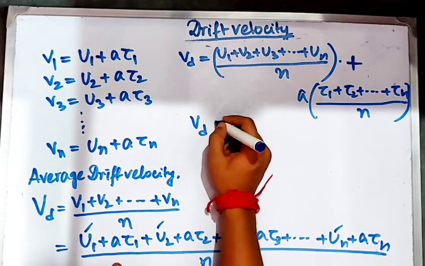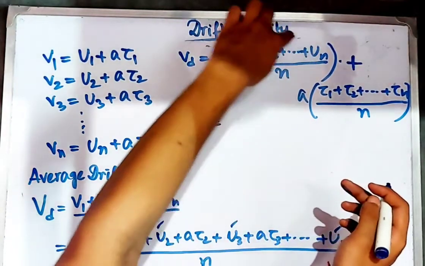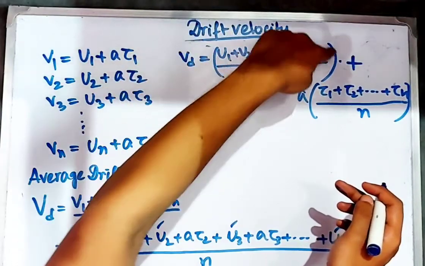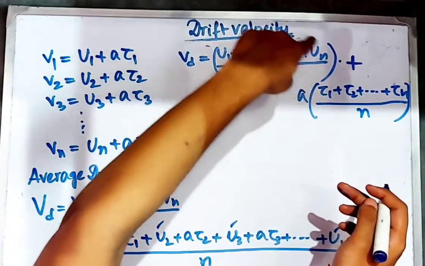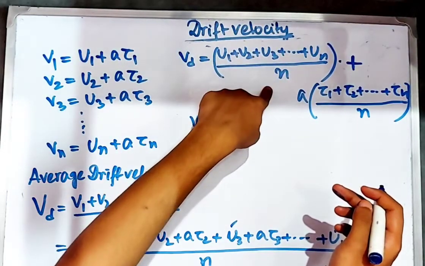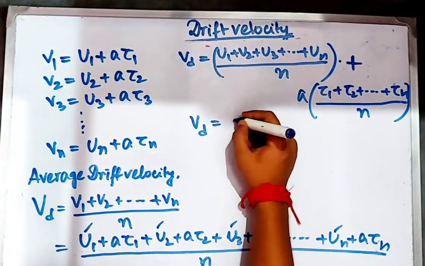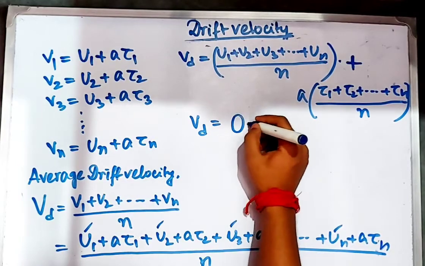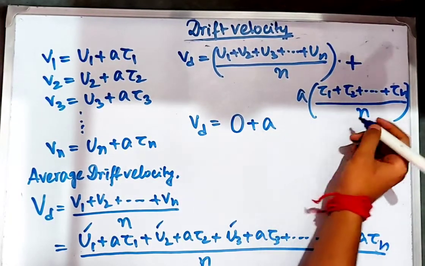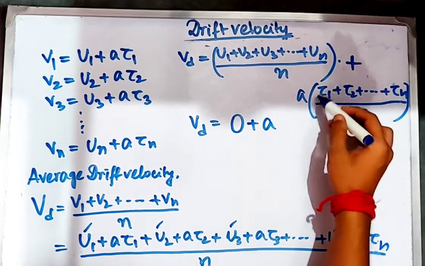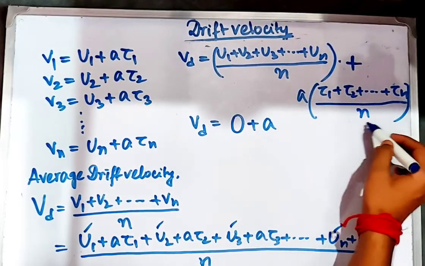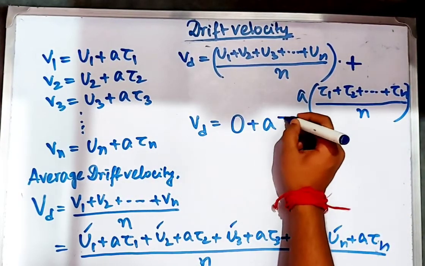So Vd, okay, this is actually the average thermal velocity, and the average thermal velocity u is equal to 0, that we know. So we will put 0 plus a times this, which is actually the average relaxation time. It is denoted by tau.